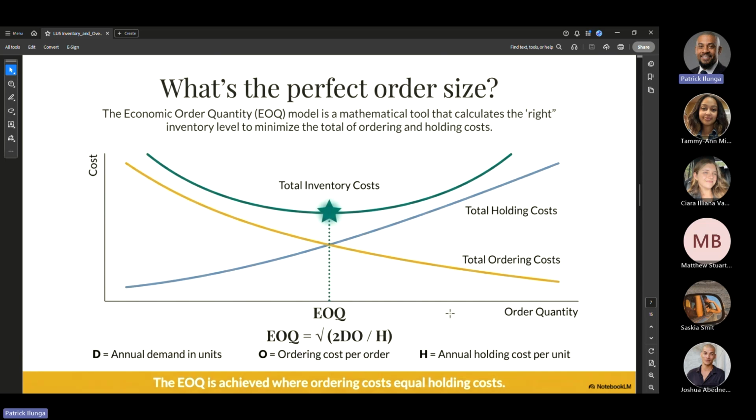So we need to have the right quantity. What does right quantity mean? Not too much, not too little. Not overstocking, not understocking. Does that make sense? By right quantity, I mean right quantity: not over, not under.